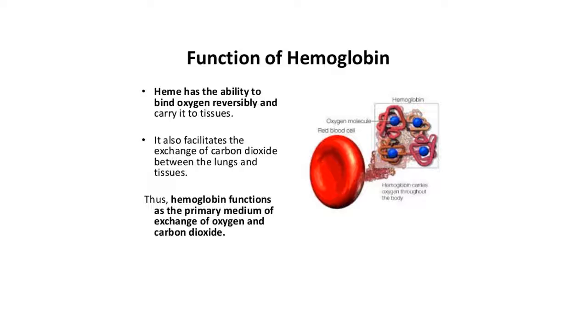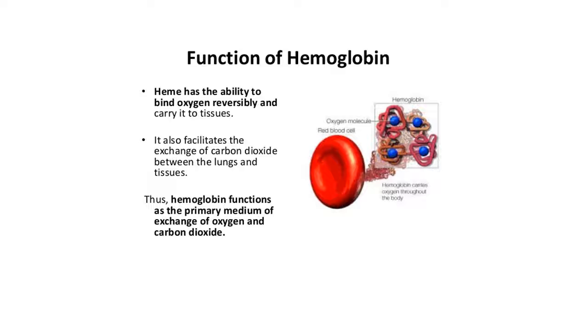And so under certain conditions, a heme can attach oxygen, and at some other conditions, oxygen can detach from heme. Also, another function of hemoglobin, it facilitates the exchange of carbon dioxide between the lungs and tissues. In the lung, remember, the amount of carbon dioxide in the blood capillaries is much higher than the amount of carbon dioxide in the alveoli, so carbon dioxide diffuses from blood to alveoli.